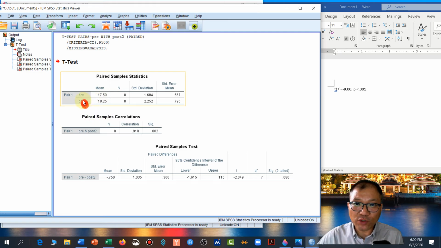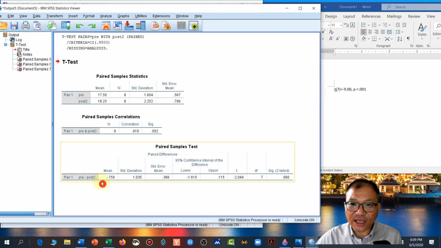Pre and post 2 mean and standard deviation. And you see here, the significance level is 0.08. This means you have 8 errors out of 100, right? So 8 times of possible errors.